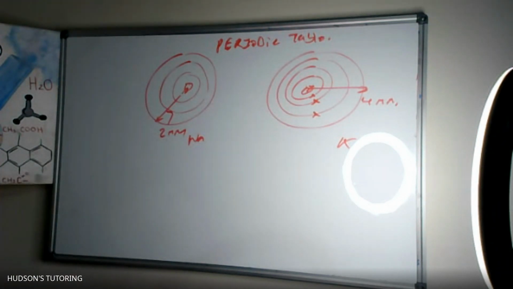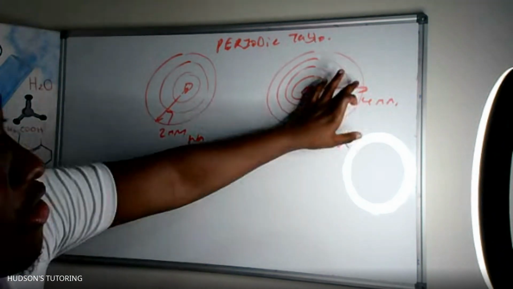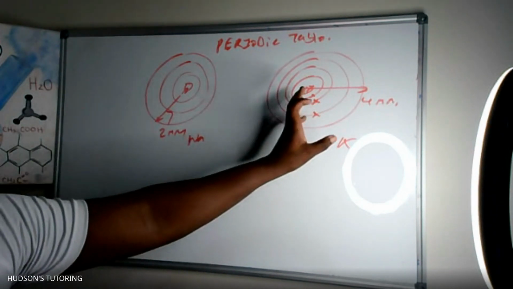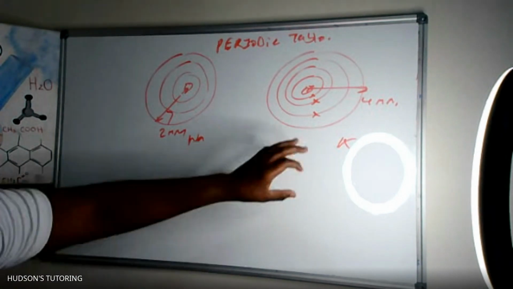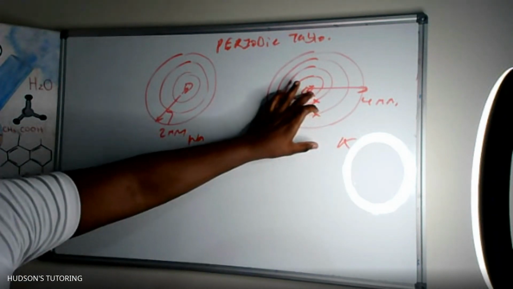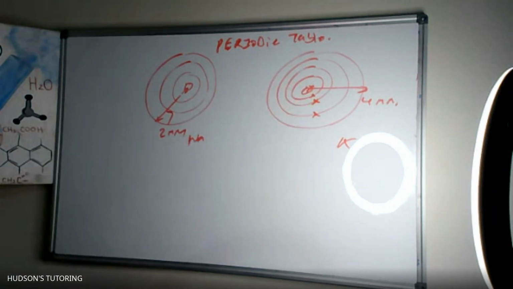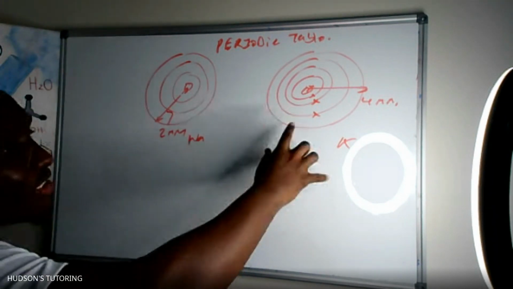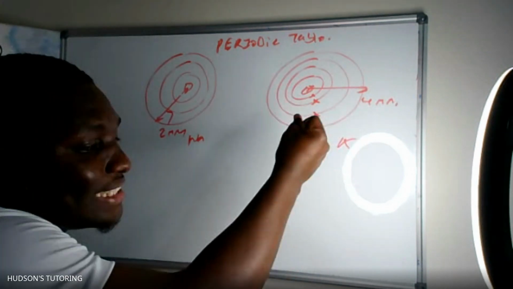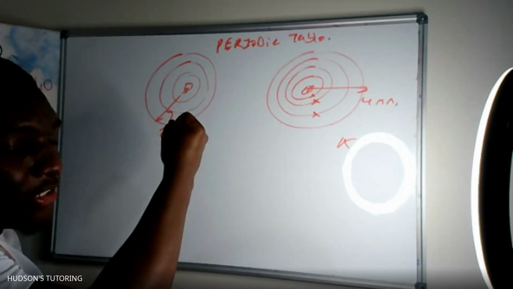It therefore means that with an increase in inner electron shells, that increases what we call the shielding effect. So the outer electron here is now shielded from the full charge of the nucleus. Because it's shielded from the full charge of the nucleus, the nucleus no longer holds it very strongly.